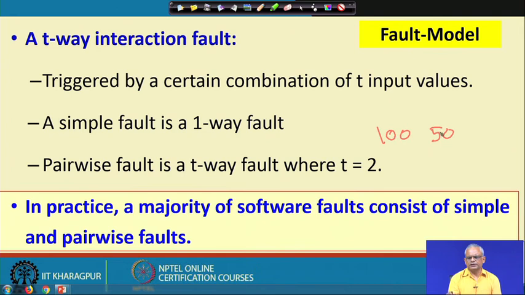If the pressure is 100 and temperature 60 and so on, the error may not occur. So, two-way testing will detect this. One-way testing of course cannot detect this, because one test case may reach 100 and some other test case may reach 50, but never together.